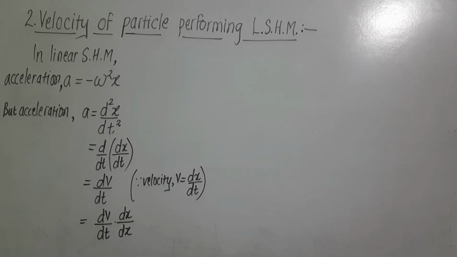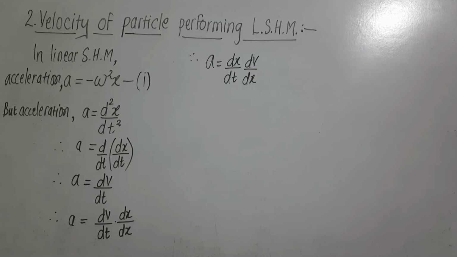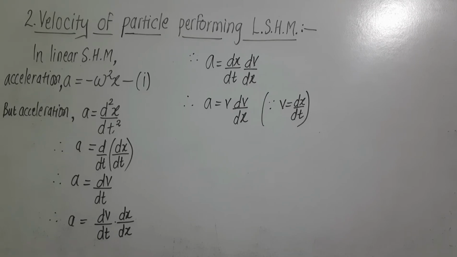Dividing and multiplying by dx and rearranging, since v is equal to dx by dt, we get acceleration A is equal to v dv by dx. Let this be equation 2.